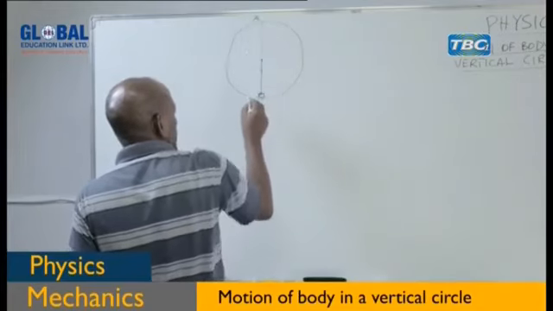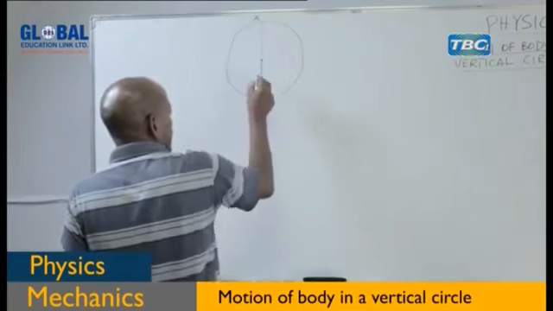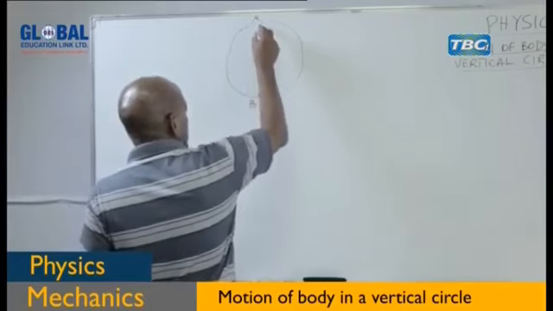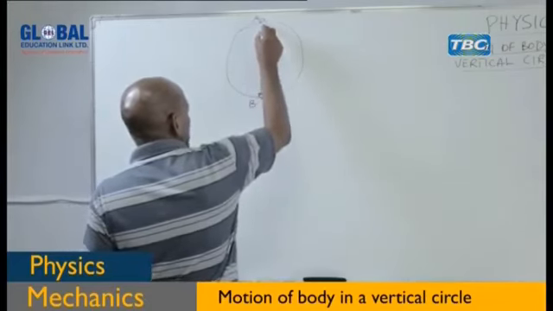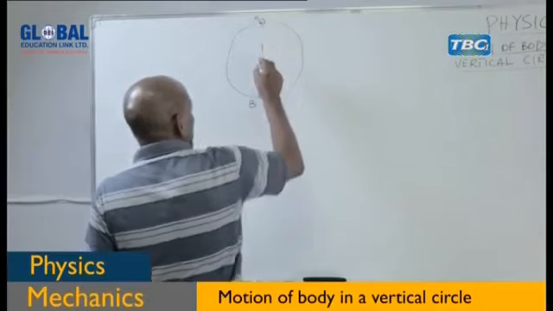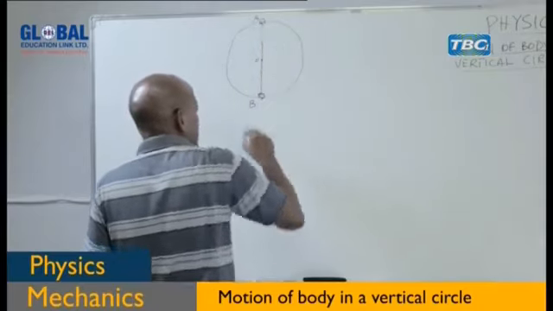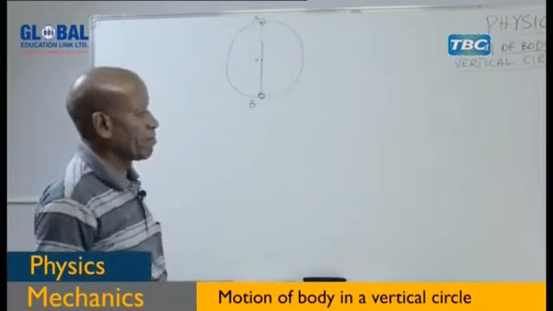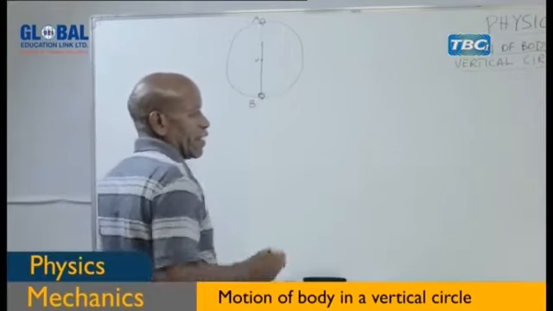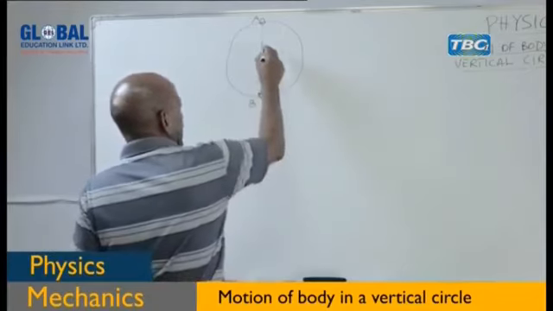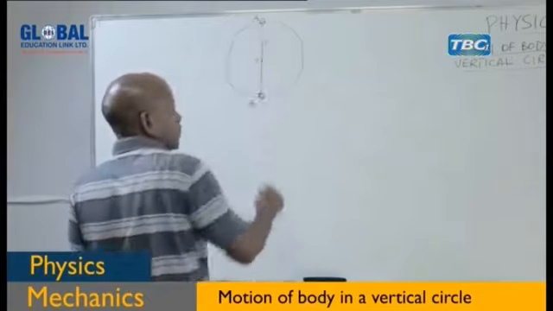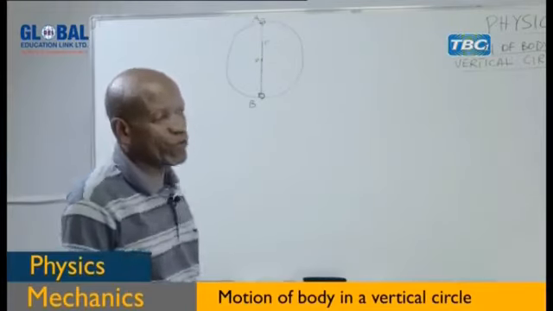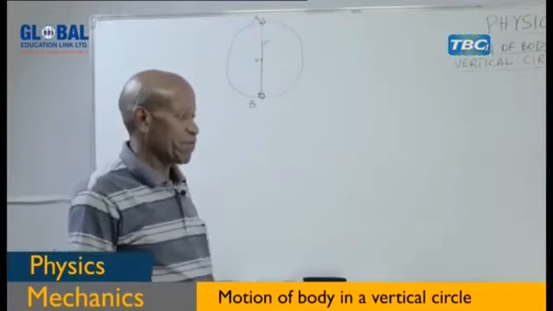Let me take this to be point A, the highest point, and point B, the lowest point. So at the moment it's passing at the highest point, it will look like that. That is point O, the center. And the length of the string is 1.5 meters.